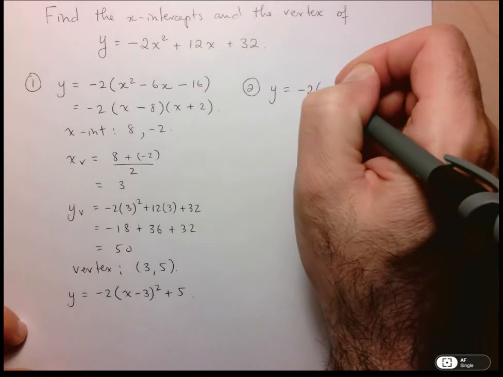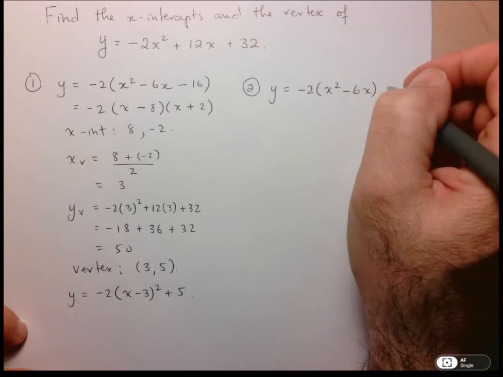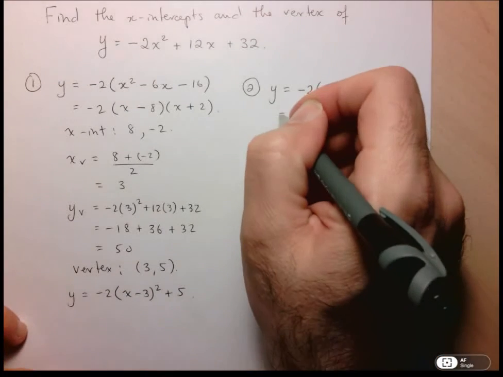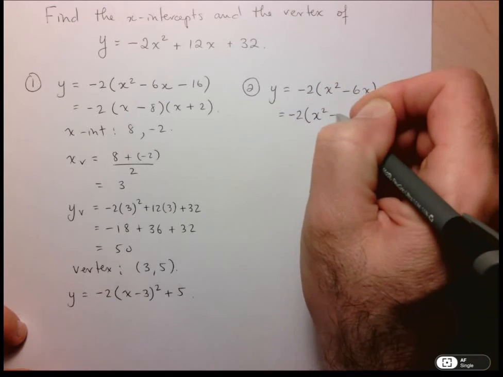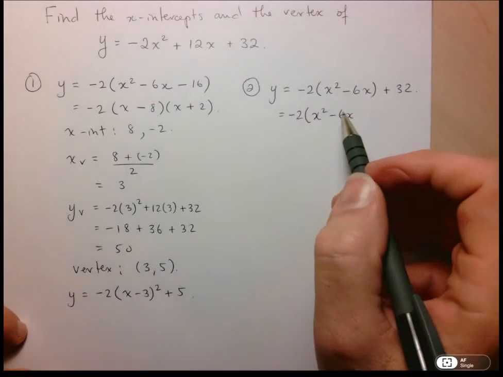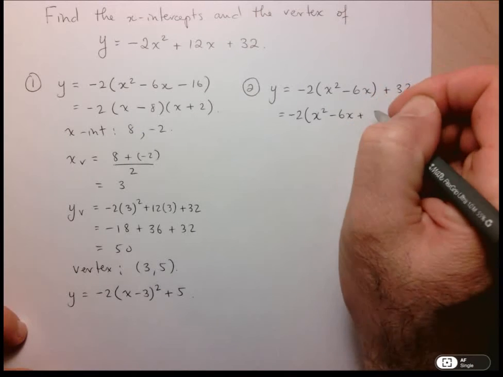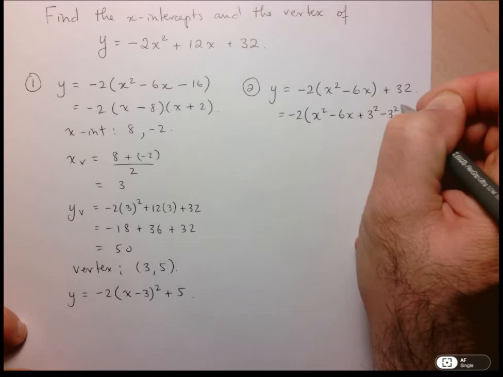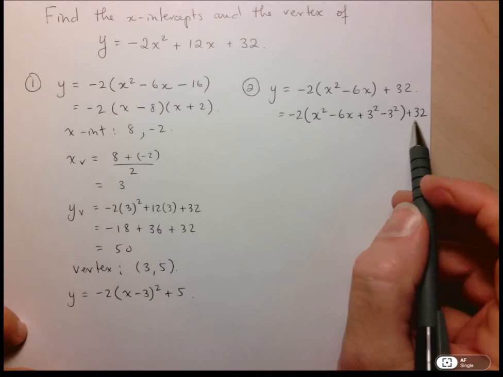So this becomes x squared minus 6x, and I'll worry about the 32 at the end. Now I have to create my perfect square, and the way in which we do that is I have to add and subtract half of 6. So I'm going to add 3 squared, but I also have to subtract 3 squared, since in the end I don't actually want to change the value of the expression.